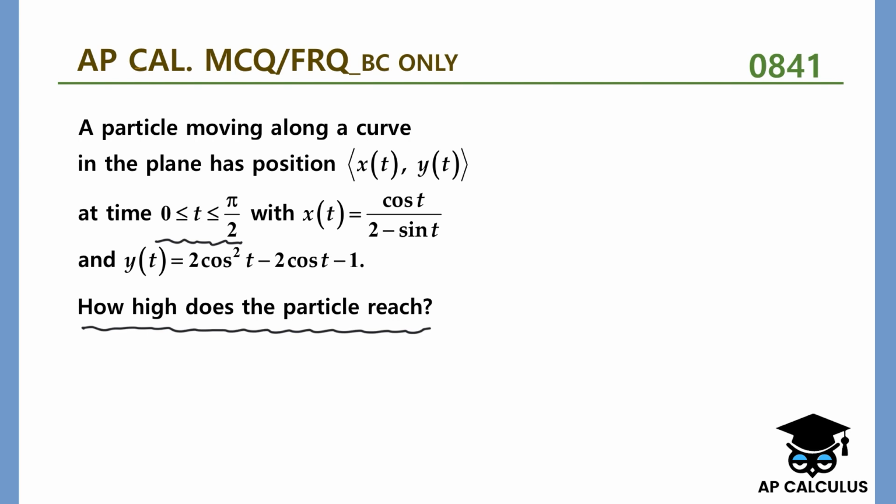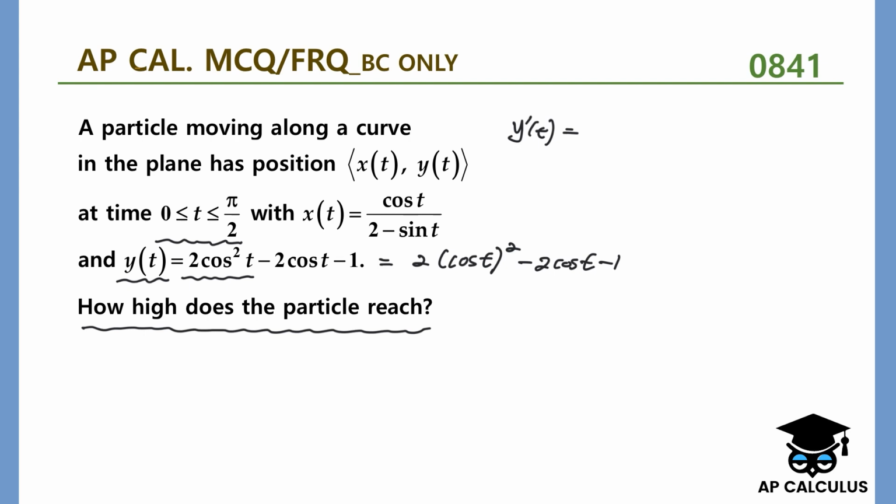So we're going to have to differentiate this y with respect to time t and set that equal to 0, find the critical point. So y prime of t is equal to, here, this is actually 2 times cosine t squared, minus 2 cosine t minus 1.